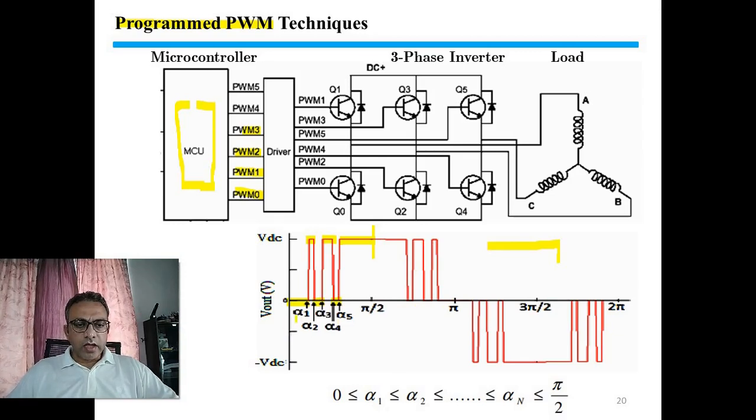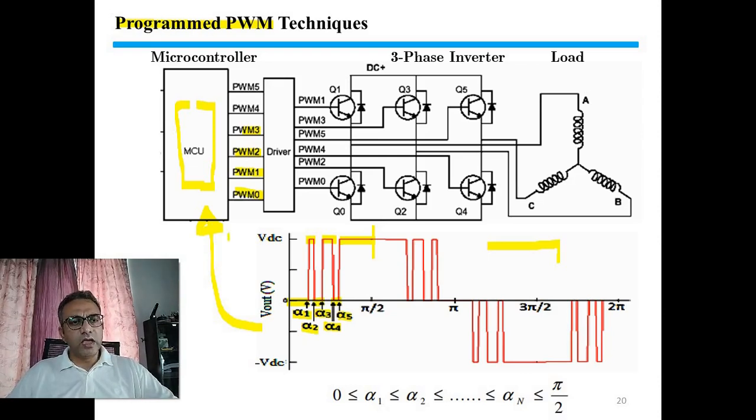Now, if we feed the values of alpha 1, alpha 2, alpha 3, alpha 4, alpha 5, or even more angles, if we feed the values of firing angle alpha 1, 2, 3, and 4 into the microcontroller, then this becomes a programmed PWM. So this means that we have written a code to the microcontroller, and the microcontroller will execute the switching.